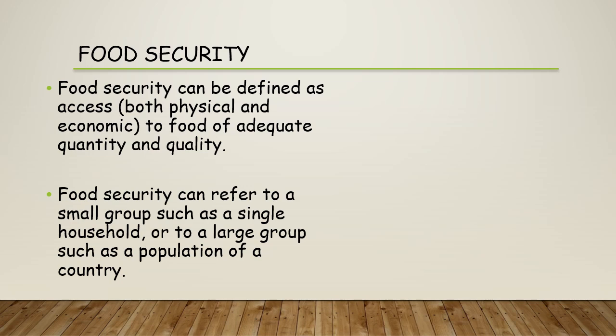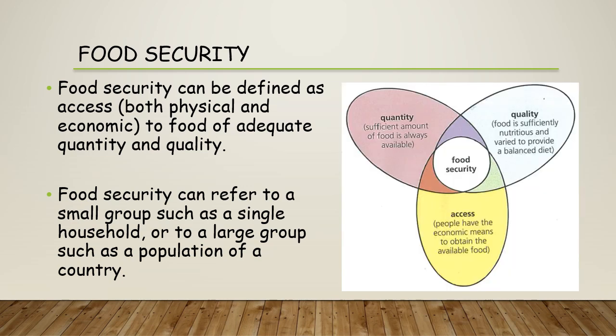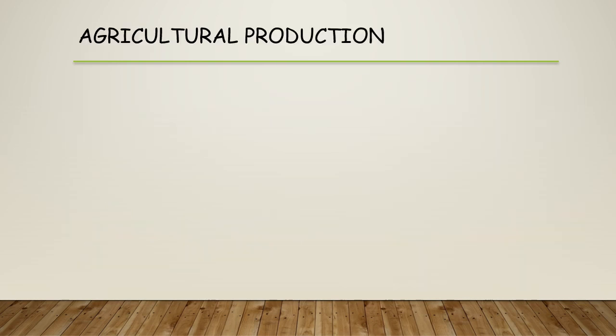And we can refer to that just in a family group, a single household, a group of people, or we can talk about it as a whole population of a country. And say food security relies on the quantity, the quality, and the access for people to live an active and healthy life.